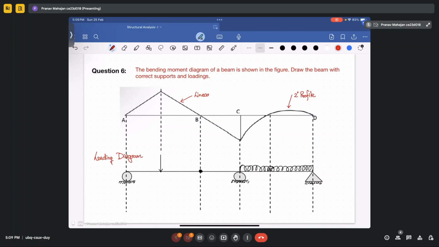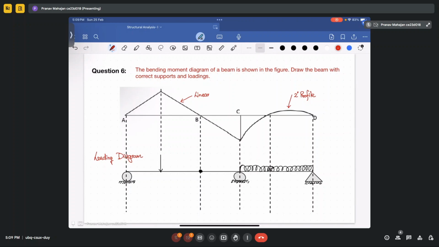Okay, so in this week we have covered, using the conjugate beam method, how you can determine the slopes and deflection at various points of the beam. In the next week we will also continue this conjugate beam method, and we'll try to solve the problems on frames based upon the moment area method as well as the conjugate beam method.